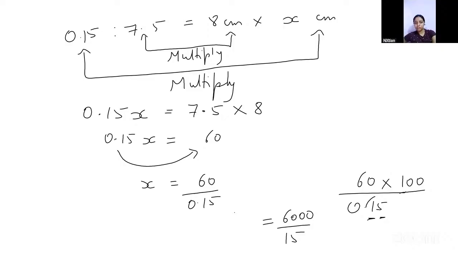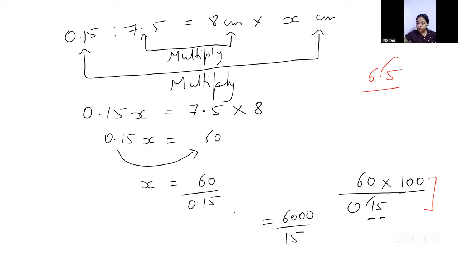That's why it becomes 6 upon 0.15. Yes, Abraham. And this is the simple method to remove the point. See, I have 6.5. I have to remove the point. What will I do to remove the point?